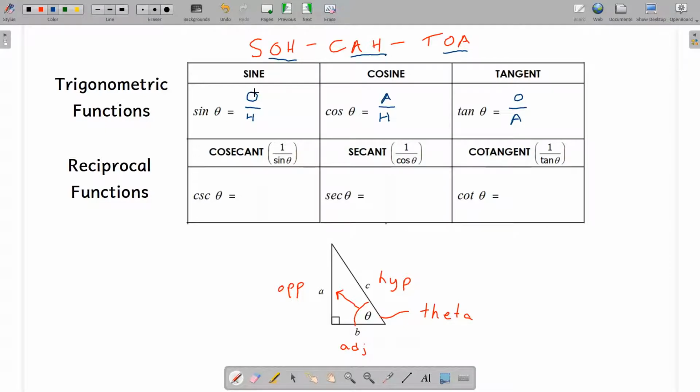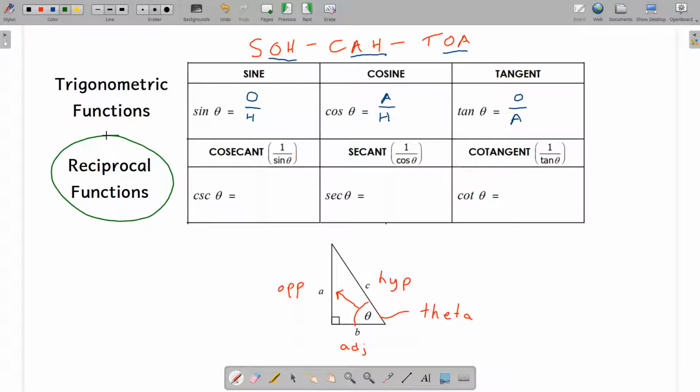Now, what you probably didn't touch on were the reciprocal functions. So below each of the trig functions, sine, cosine, and tangent, you see a reciprocal function. Cosecant is 1 over sine of theta. So it's the reciprocal. It's taking that fraction and flipping it.